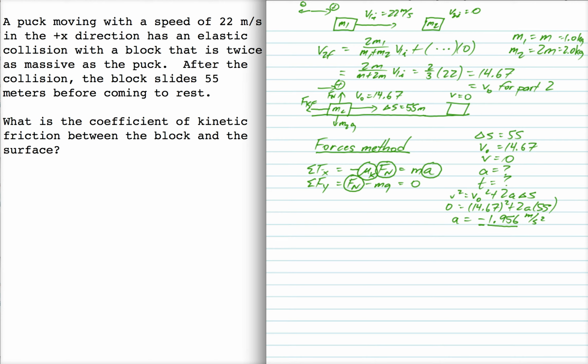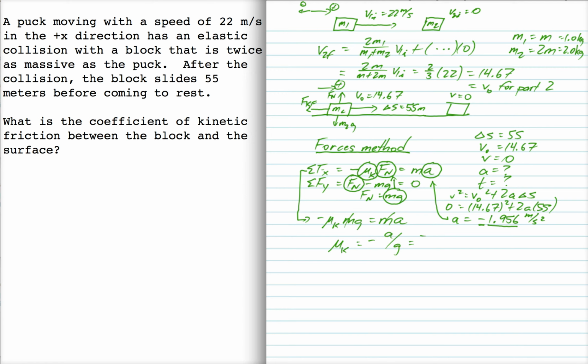So, all right, I can plunk that in right there. I also know that Fn is equal to mg from equation 2, so I can plunk mg in here. After making those two substitutions, the first equation becomes minus mu sub k times mg is equal to ma, and the m goes away, and so mu sub k is equal to minus a over g.